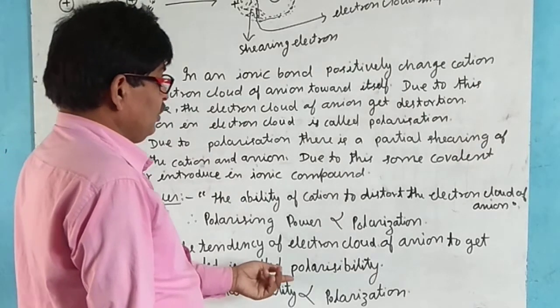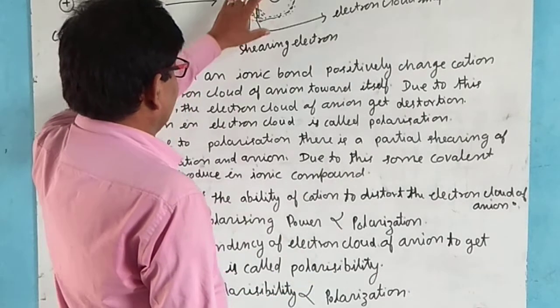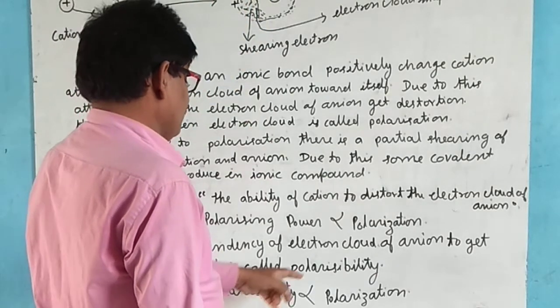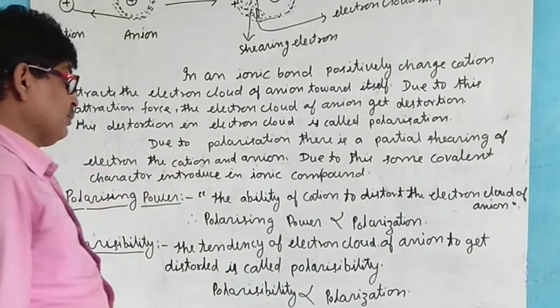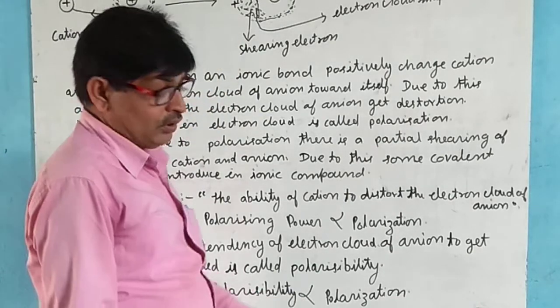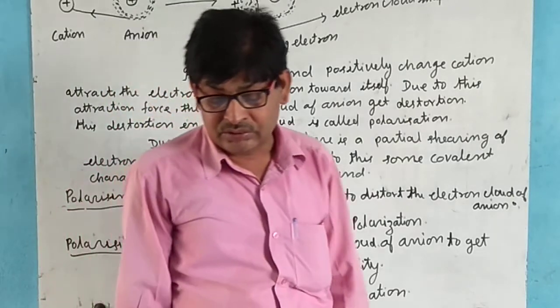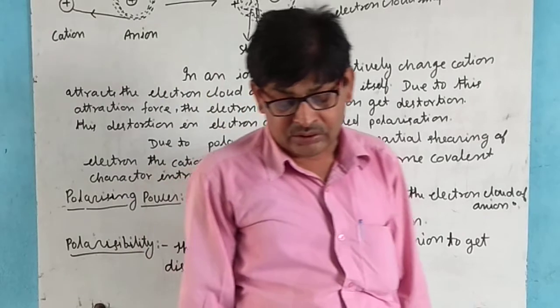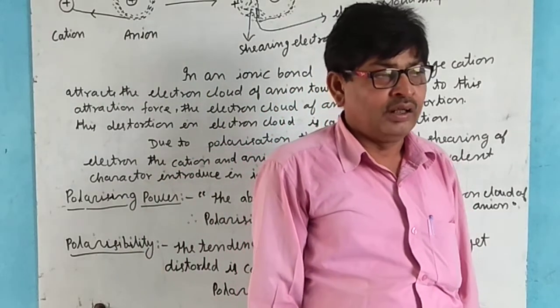The more the electron cloud distorts this way, the more we call it polarizability. This polarizability is proportional to polarization. Now we study the covalent character in ionic compounds.